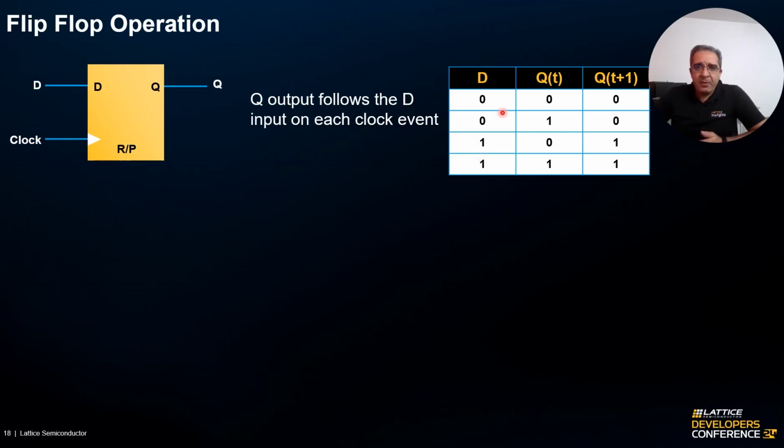So we have the Q at time t and Q at time t plus 1. If the D input is 0 and at time t the Q output is 1, then at time t plus 1 the Q will follow the D input, and that's conditioned by the clock edge, which could be rising edge or falling edge.